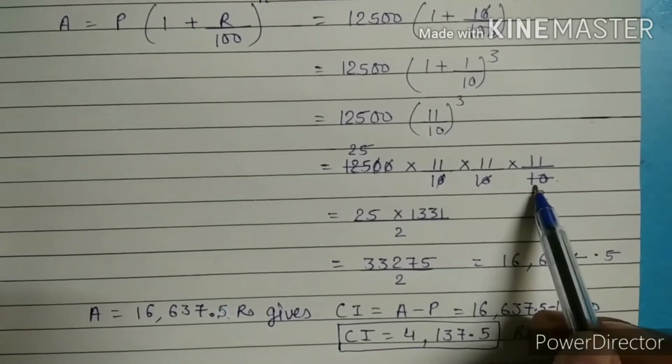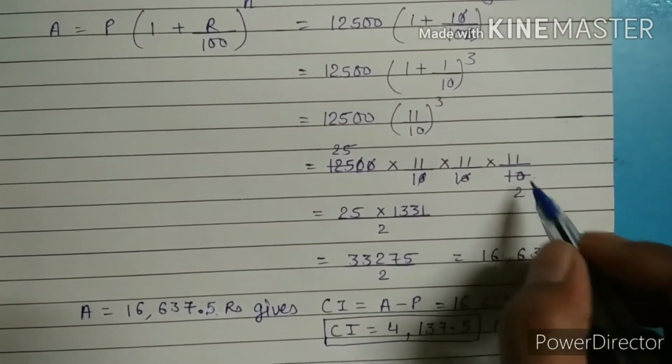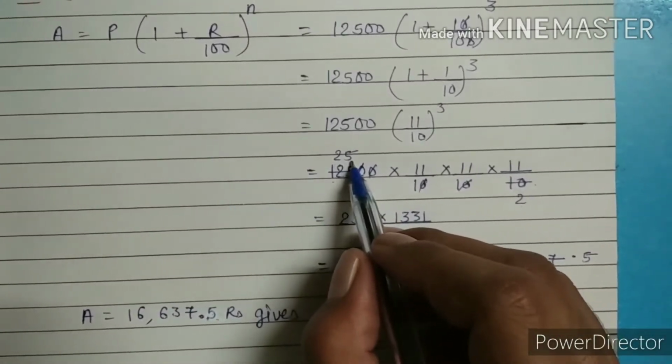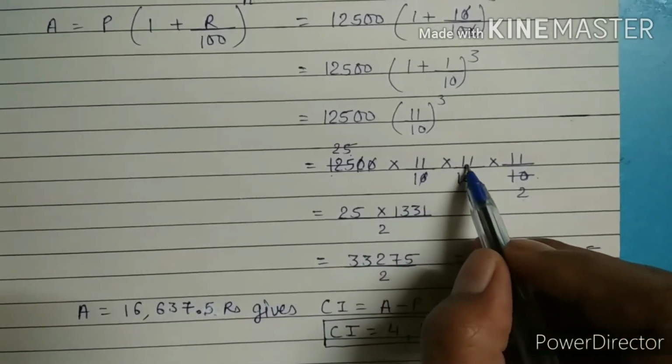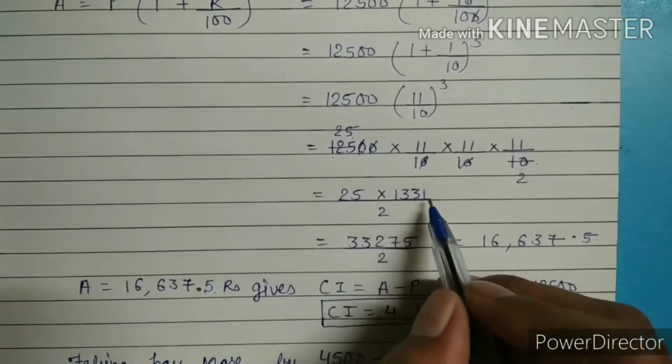From the table of 2, 10 goes, from the table of 5, 10 goes 2 times, and 125 will go 25 times. 25 multiply by 11 into 11 into 11, or 11 cube is 1,331.